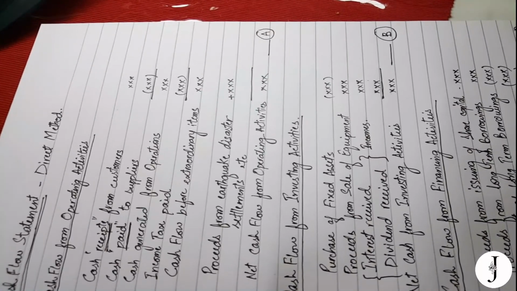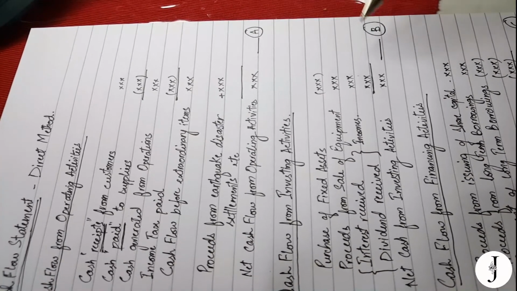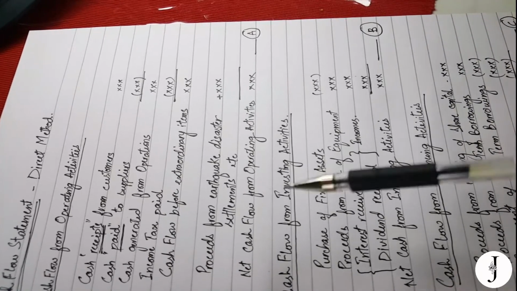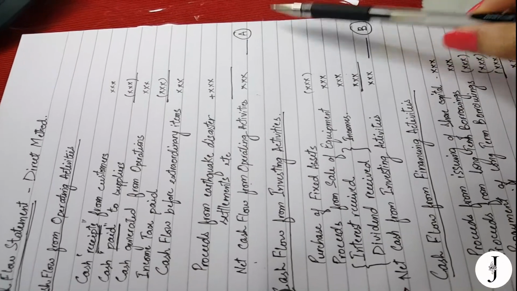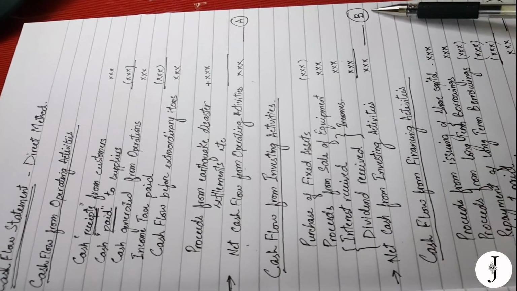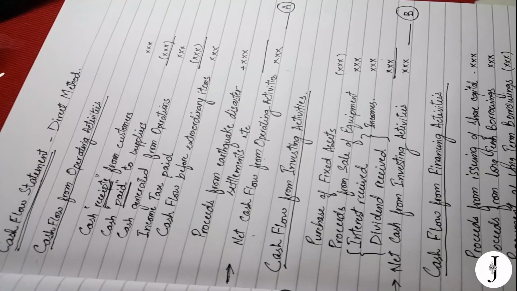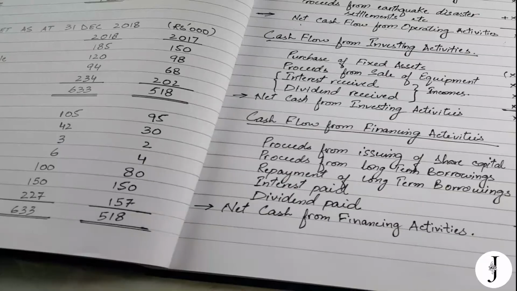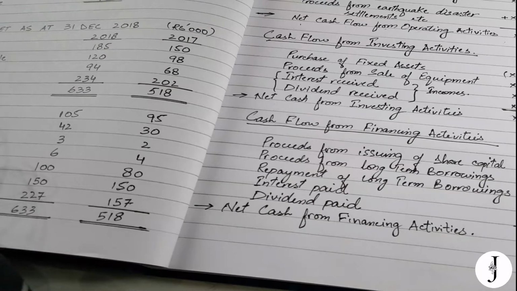Now we have three figures, A, B and C. Net cash flow from operating activities, we call it A. Net cash from investing activities, we call it B. And then we have net cash from financing activities, we call it C. If we add these A, B and C, what we will get is net increase or decrease in cash and cash equivalent.